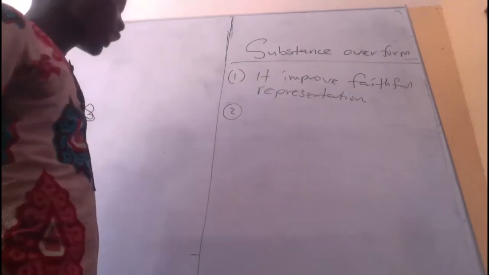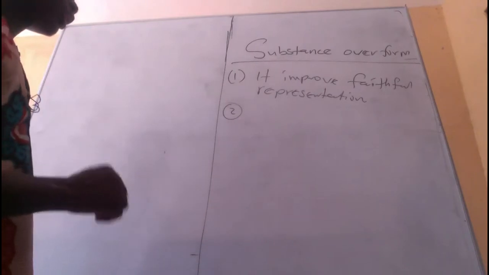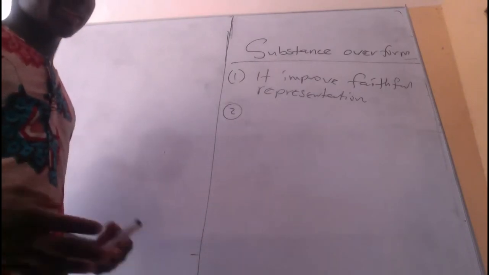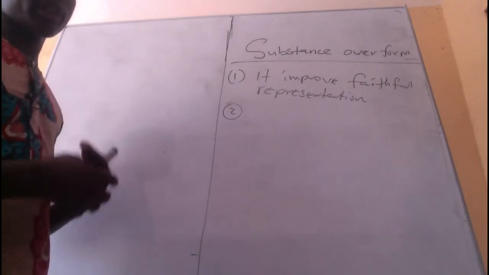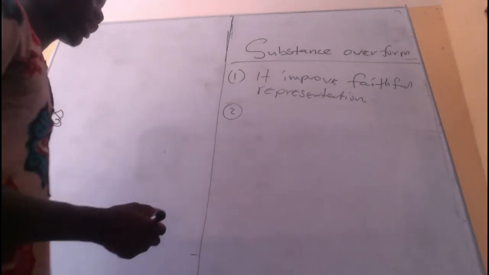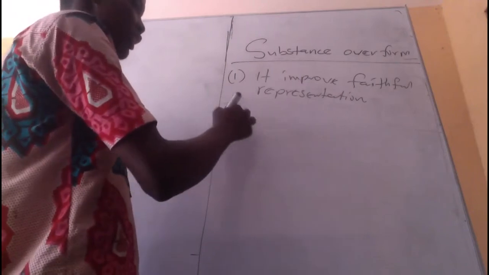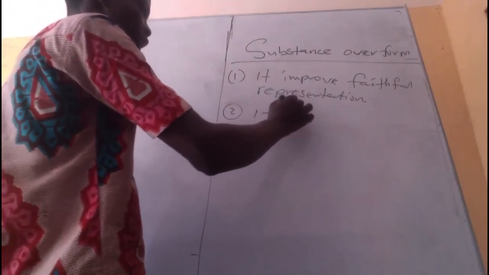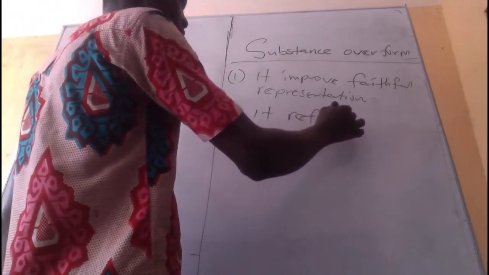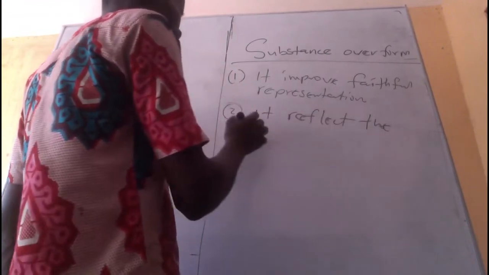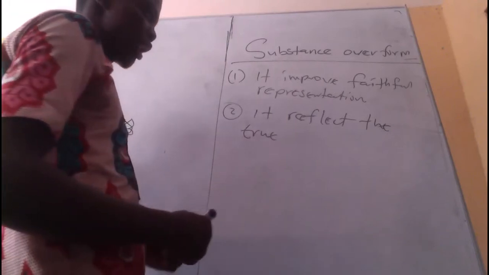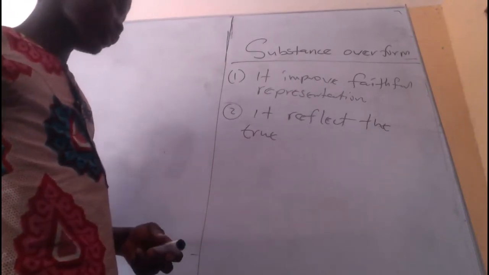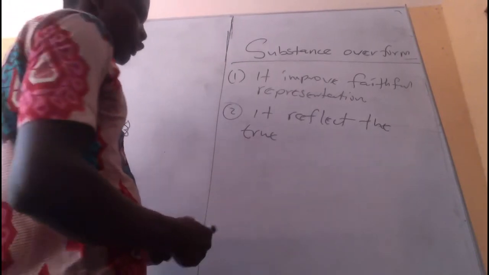So in short, it depicts the true picture of the transaction. So it shows or reflects the true picture or the true nature of the transaction.